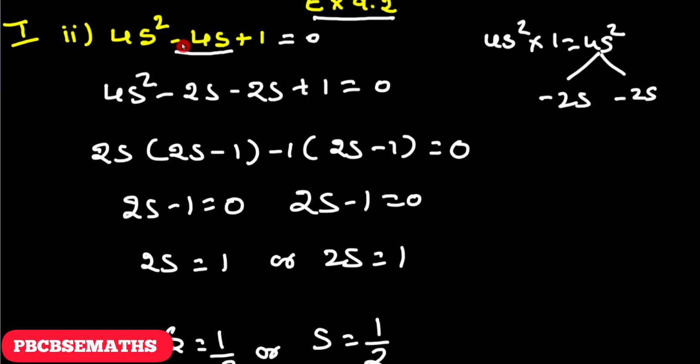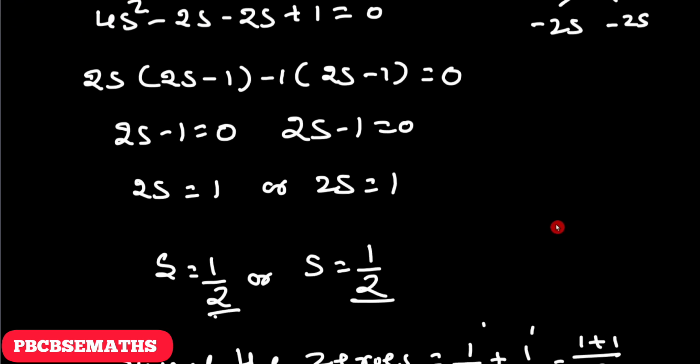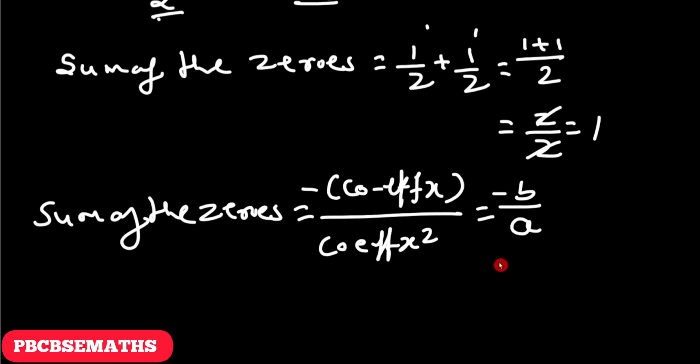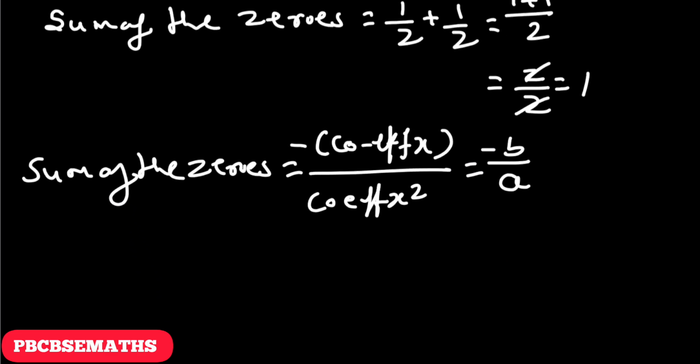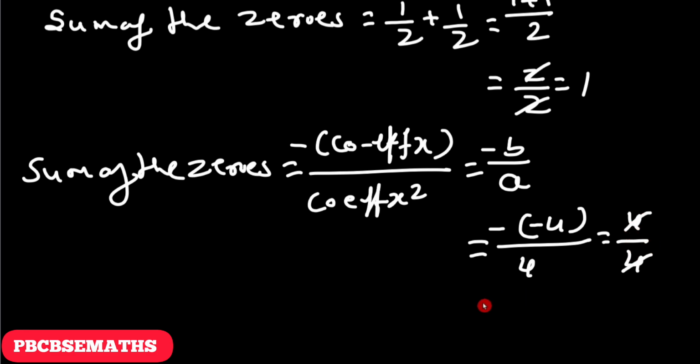Here the value of b is minus 4 and the value of a is 4. Let's substitute that and verify whether the sum of zeros is correct or not. So here we can write minus of minus 4 divided by 4, so minus of minus 4 gives us 4 divided by 4. By cancelling out, we get the value as 1. So our sum of the zeros is correct.